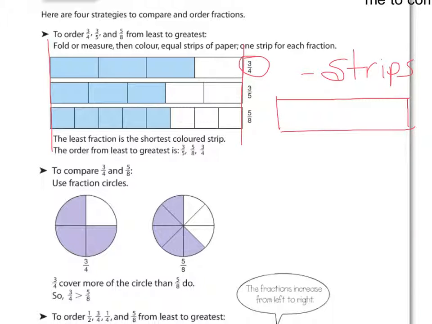As you can see, all of these strips are the same size, but this one has to be divided into fourths. So that means it has to be 4 equal size pieces. This one has to be divided into fifths. So that means 5 equal sized pieces. This one would have to be divided into eighths, 8 equal sized pieces. So you might want to use your ruler and decide how long your paper strips are going to be that way.